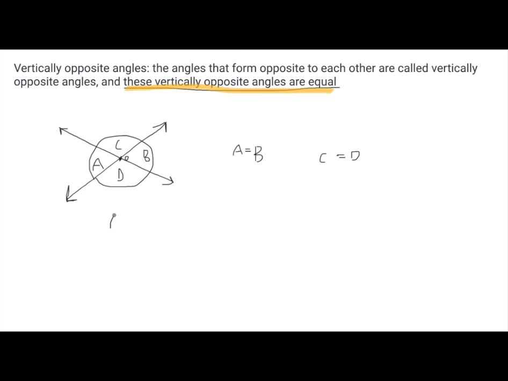And altogether, A plus B plus C plus D must together equal 360 degrees as they go full circle. So this here is another interesting property.